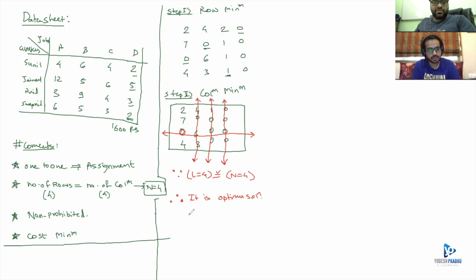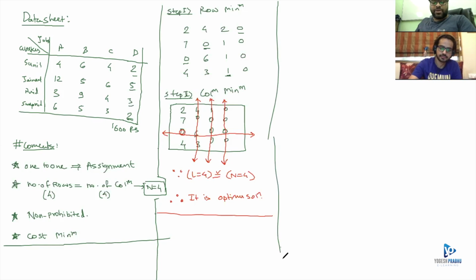Now the zero table. Then you go and write down the final solution. Optimum solution is the best solution, and that's what we are looking for.